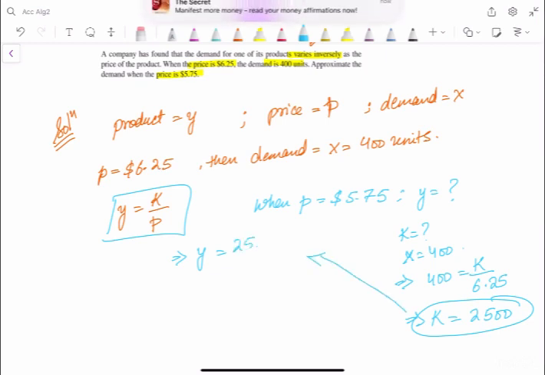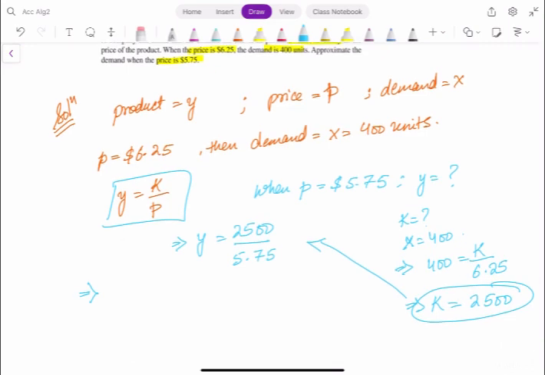I don't know the final output, that is y. We can calculate it with the constant, which is 2500, divided by the price that they are asking for. If you plug it in your calculator, you should get 435 units.